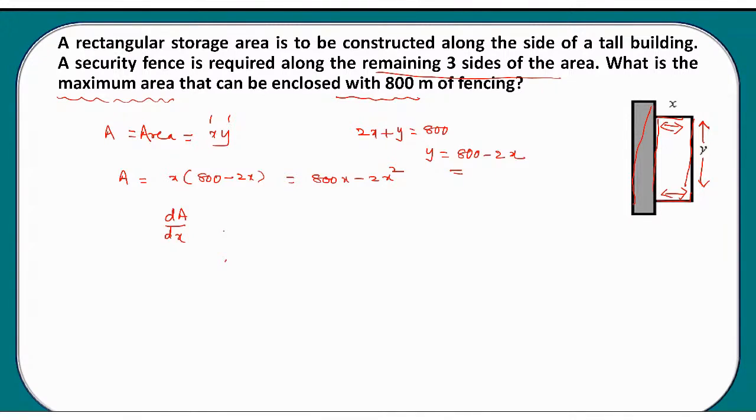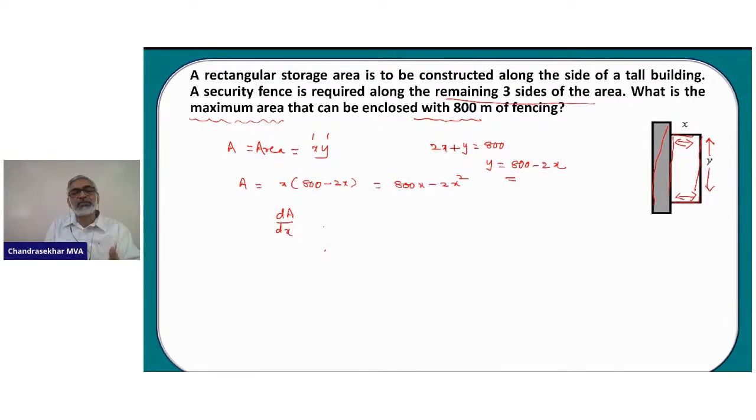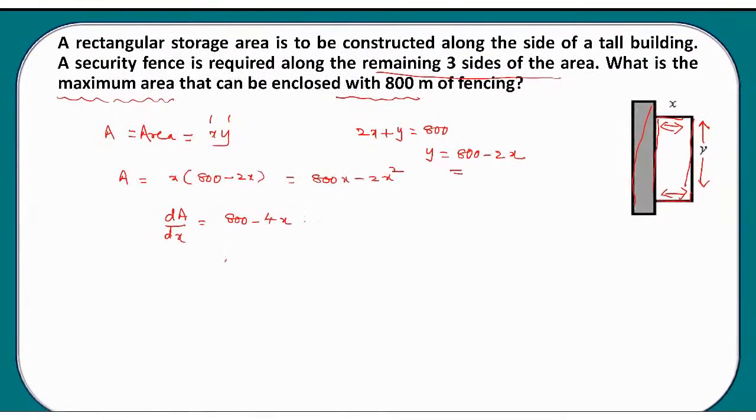Whereas in this case, you need to identify the function and formulate the mathematical expression. Now dA by dx is equal to, when you differentiate it, 800 minus 4x. If you equate to 0, you get x equal to 200.